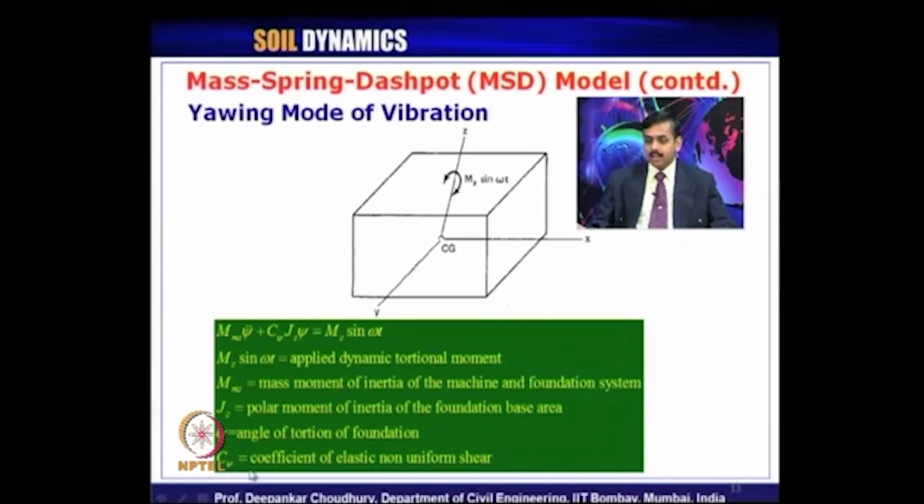And c psi, already defined in the previous lecture, is called the coefficient of elastic non-uniform shear, which can be obtained from the relationship between C u, C psi and C tau.